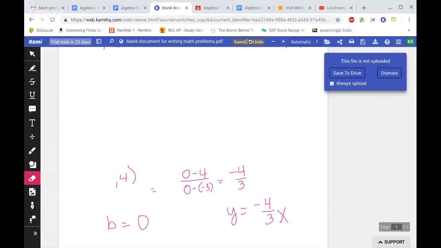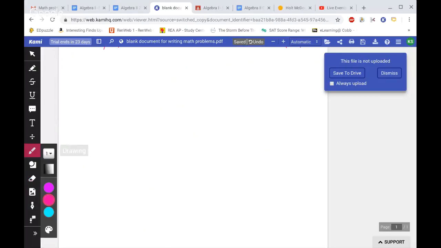And did you have a run of -2? Yes, ma'am. The slope on this one is definitely going to be positive. So both of you are absolutely correct. It just depends upon which point you move from. So 4 or -4 are correct on this. It just depends upon where you start. Does that make sense to you guys?